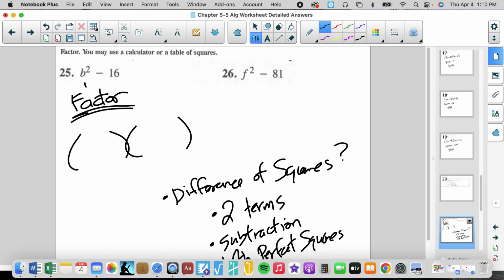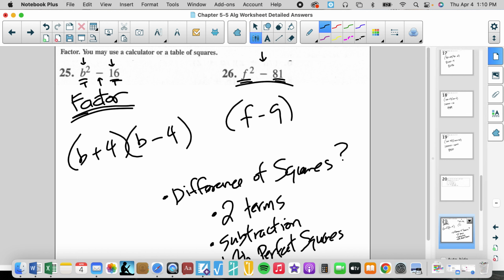So two terms, 1, 2, subtraction, perfect square, yes. So we're going to take the square root of this, which is b, that will be my first, and we're going to take the square root of 16, which is 4, and remember conjugates need to have opposite signs. So two terms, yes, subtraction, yes, perfect square, yes, f minus 9, f plus 9.